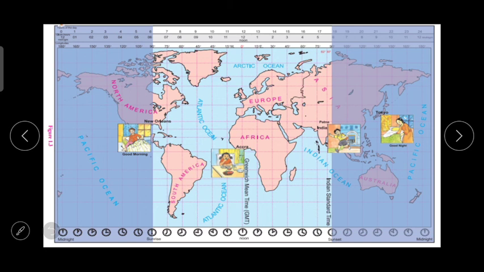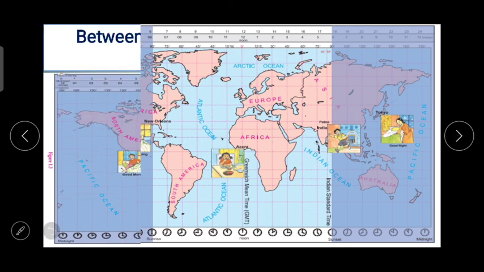If you observe it carefully, you can see timings here, noon, 12, and then the next. So study this map and answer the following questions. Use the relation between degrees and time, which we just studied.